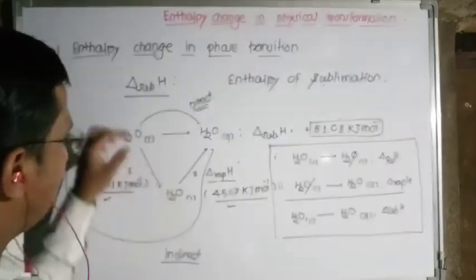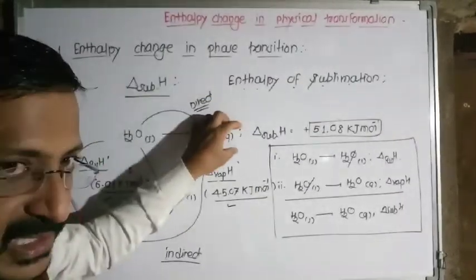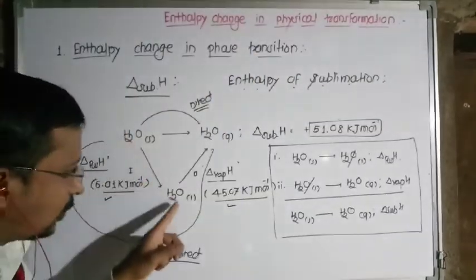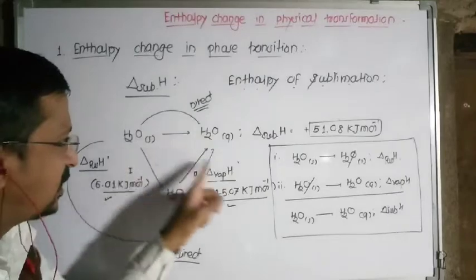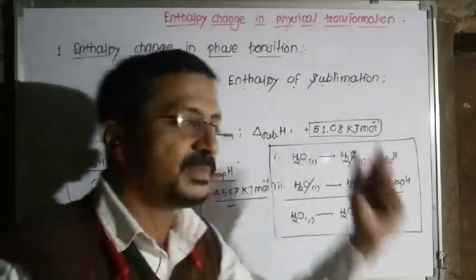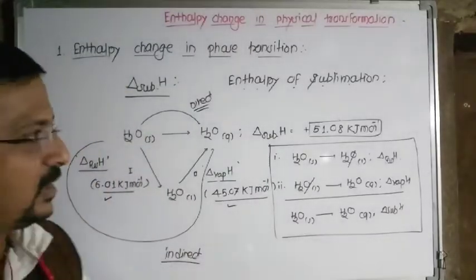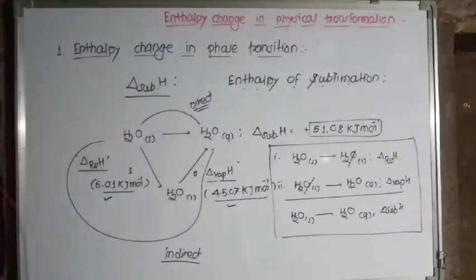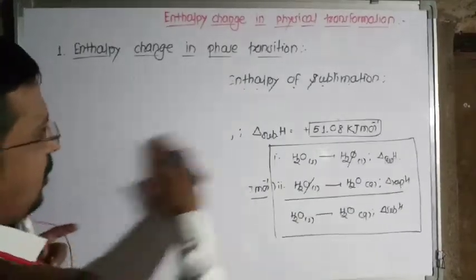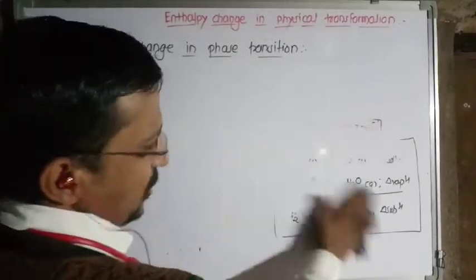Whether you transfer H2O solid directly into gaseous state, or transfer H2O solid into liquid and then into gas and add the enthalpy changes of these two processes, the value becomes the same, 51.08. So it is the enthalpy of overall sublimation. Actually, it is the application part of the Hess law of constant heat summation.